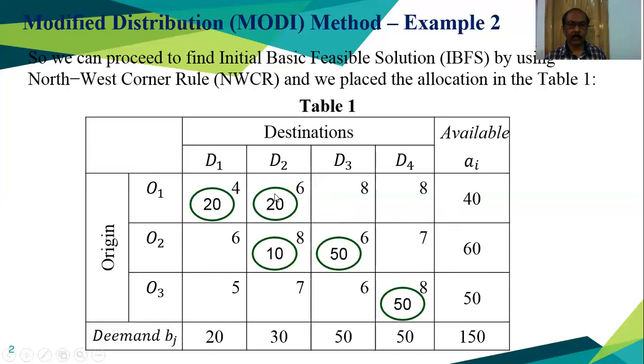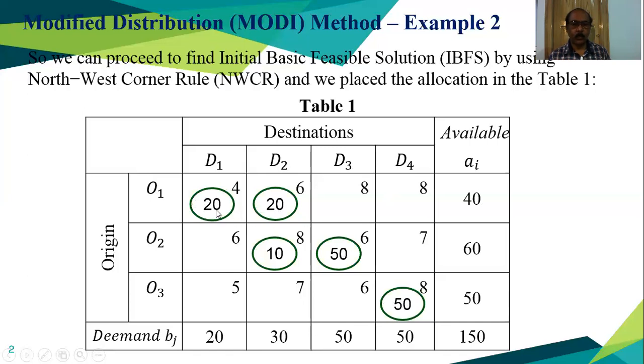So one allocation is less. It is not satisfying the required number of allocations, so this is a degenerate basic feasible solution.